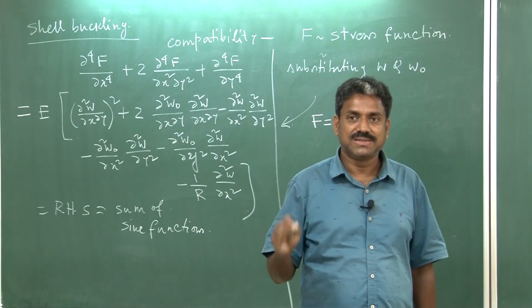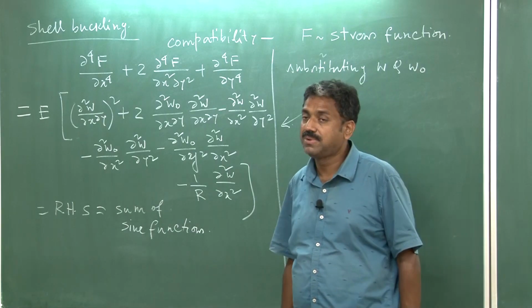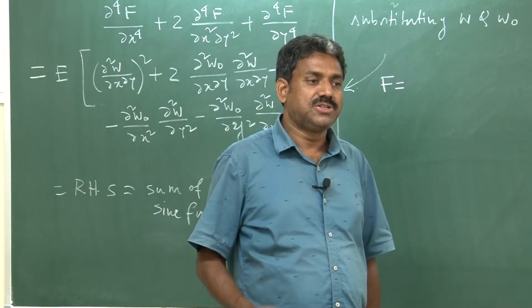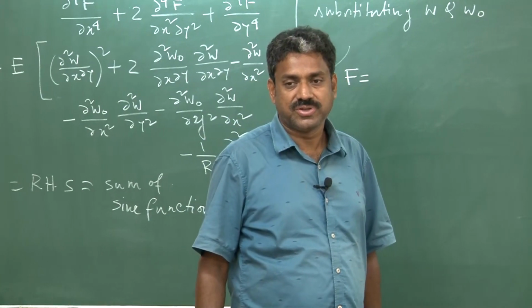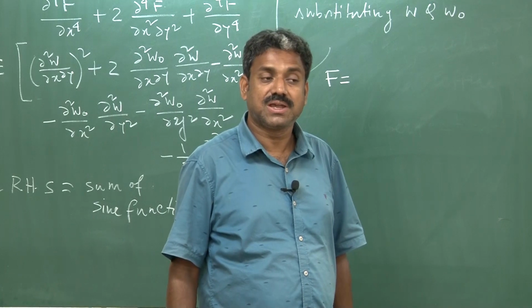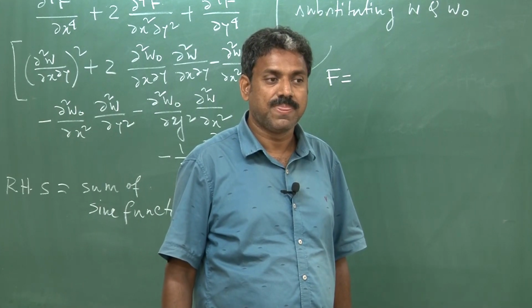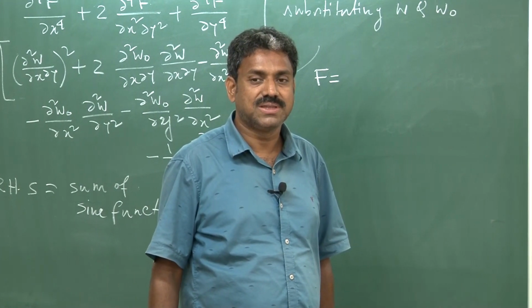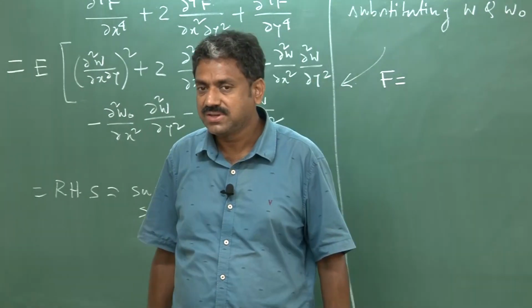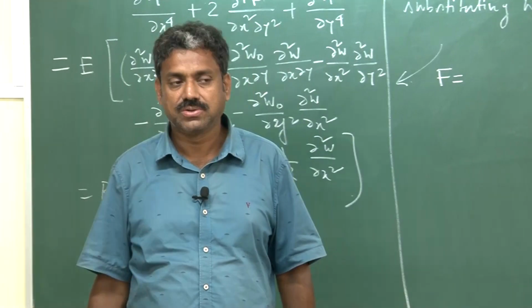You have done these things in your undergraduate. Let me remind you: you consider the Legendre equation and Bessel's equation. All these equations can be solved using the series solution, and the Bessel function is the solution of the Bessel equation and Legendre polynomials are the solution of the Legendre equation.